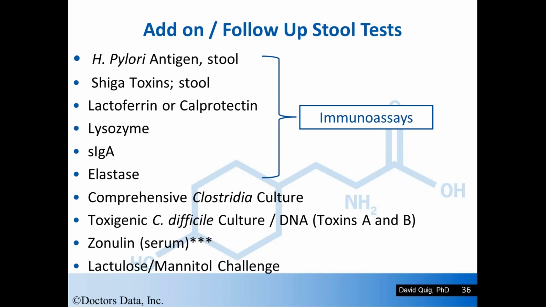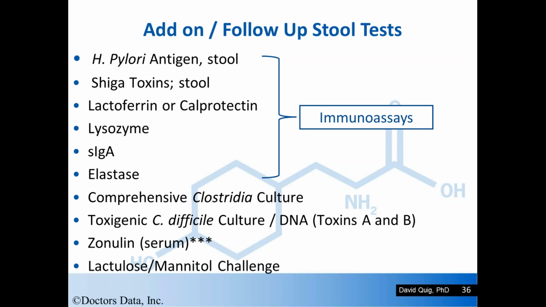Also new to our quiver is the zonulin as measured in serum. As you know, zonulin is an excellent marker of a breakdown of the tight junction between the epithelial cells, so a very, very significant marker of increased epithelial cell permeability. And then also we still offer the lactulose mannitol challenge.